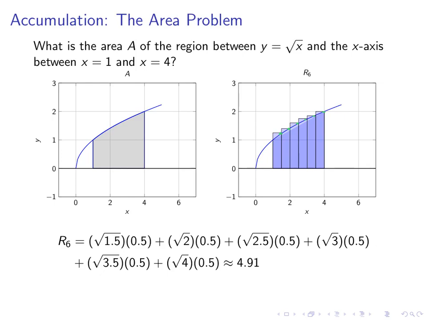Those points are still on the function y equals square root of x, still on that graph, and so they're all still going to be the square root of something. The widths of those rectangles are all still 1/2. So each one of those rectangles is going to have an area that's the square root of the x-coordinate it's sitting over times 0.5 times its width.